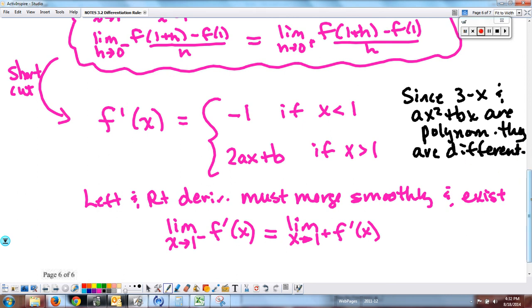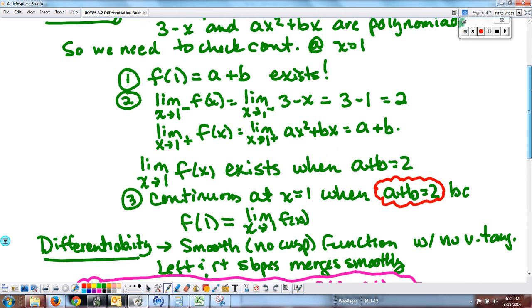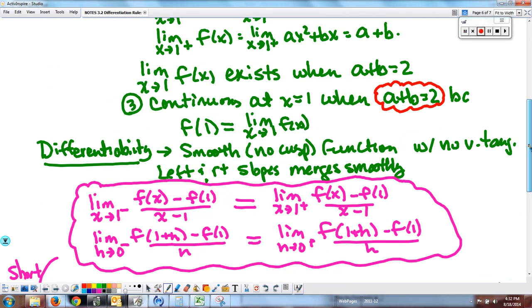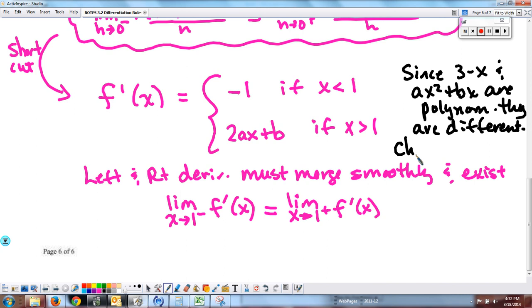So we're only concerned, just like the concern we have up here, that we need to check differentiability at x equal to 1. So we only need to make sure that they merge smoothly together.